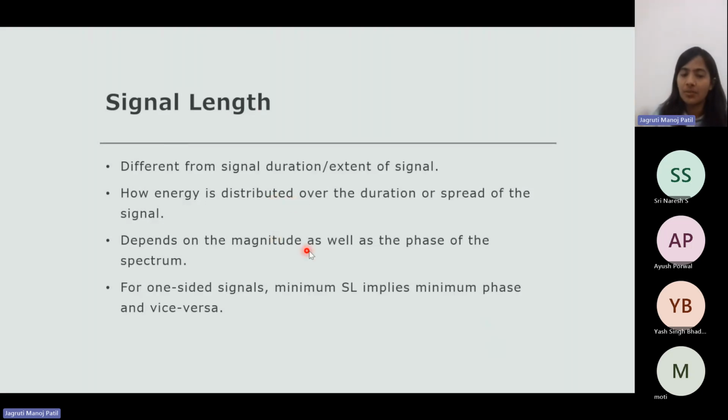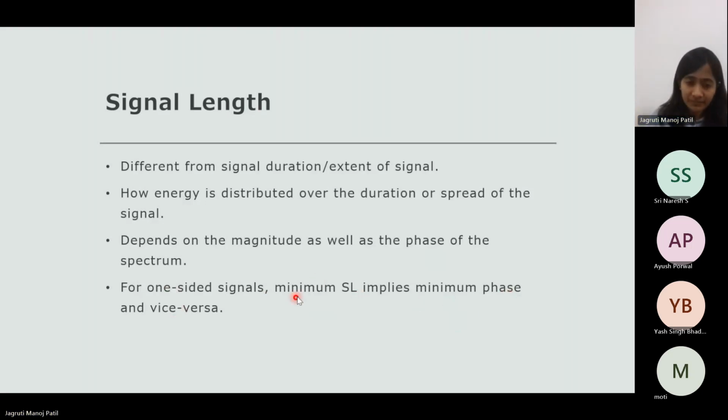So it depends upon the magnitude and phase of the spectrum. We all know very well that from magnitude we can get very little information about the signal, but phase is something that exploits most of the properties, and hence is one of the reasons why we convert into the frequency domain and do our analysis there. So if it's a one-sided signal, then the minimum phase correspondent implies the minimum phase over there. If it's a minimum signal length, then it corresponds to the minimum phase.